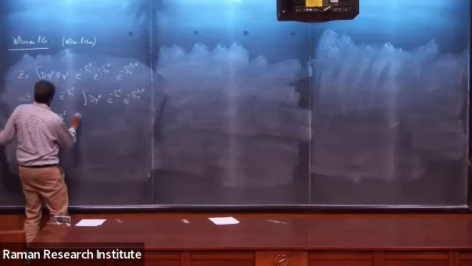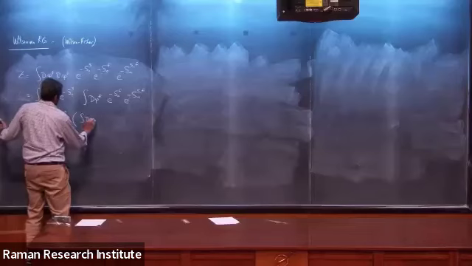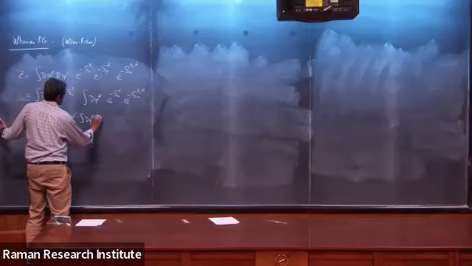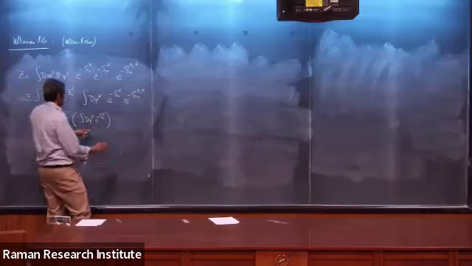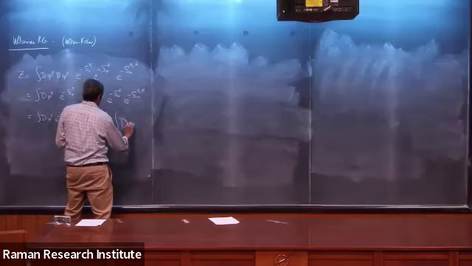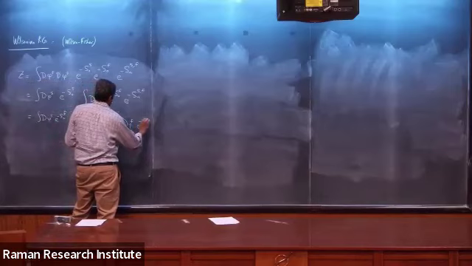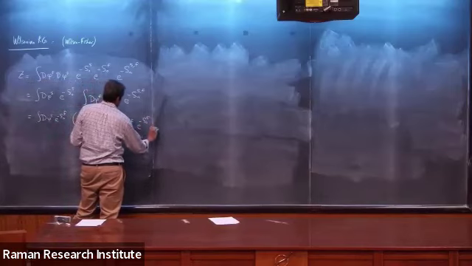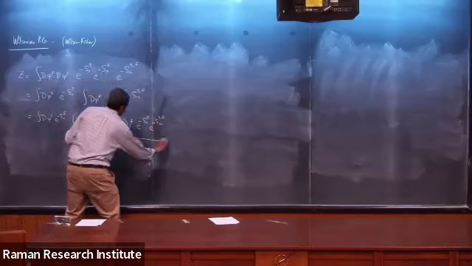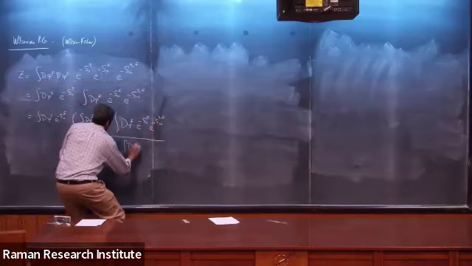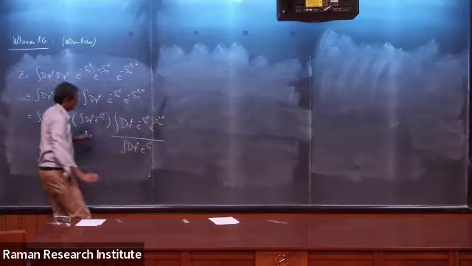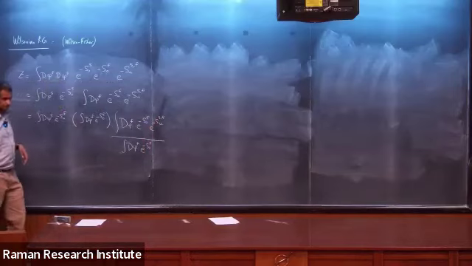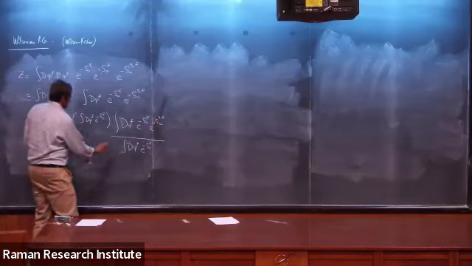So it's this times integral d phi fast e to the minus S0 fast. And I'm going to divide by this number. S0 fast. We've not really done anything at this point.